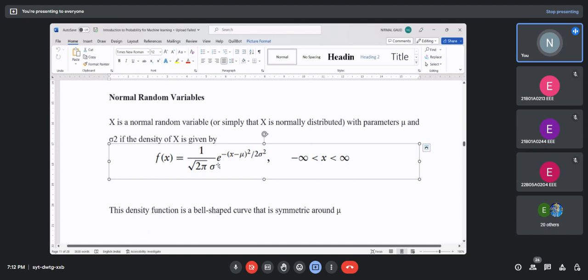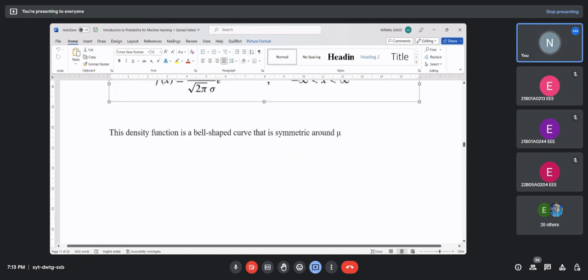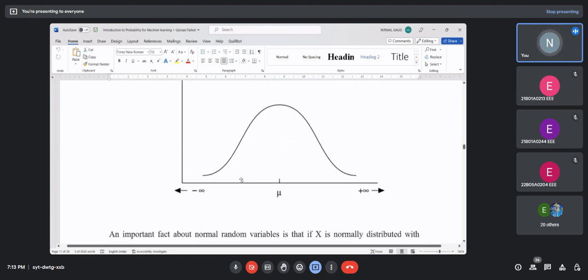Here sigma is the standard deviation, or I would say variance. This means the spread of the data itself. Mu is the mean, and sigma is the standard deviation. So this is what the formula says, and the value of x lies between minus infinity and plus infinity. And it's a bell-shaped structure. Here it's a bell-shaped structure.